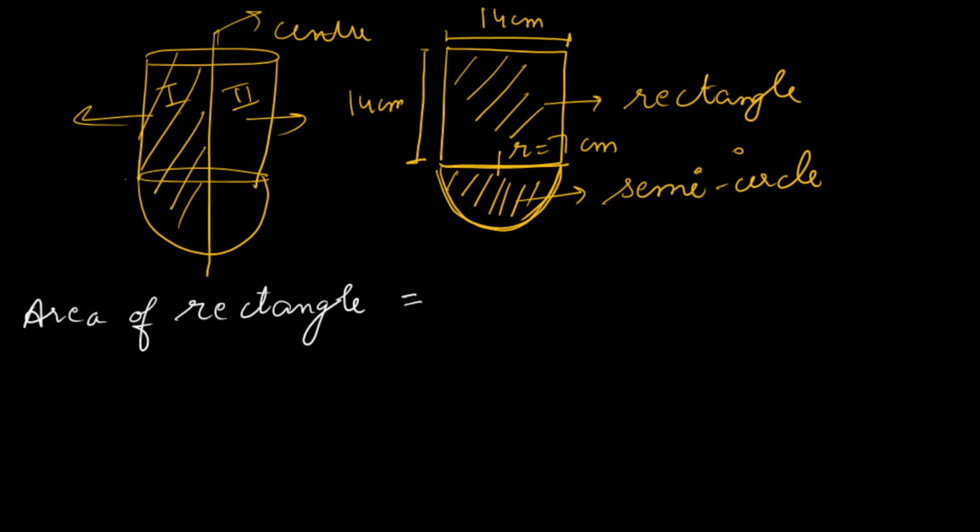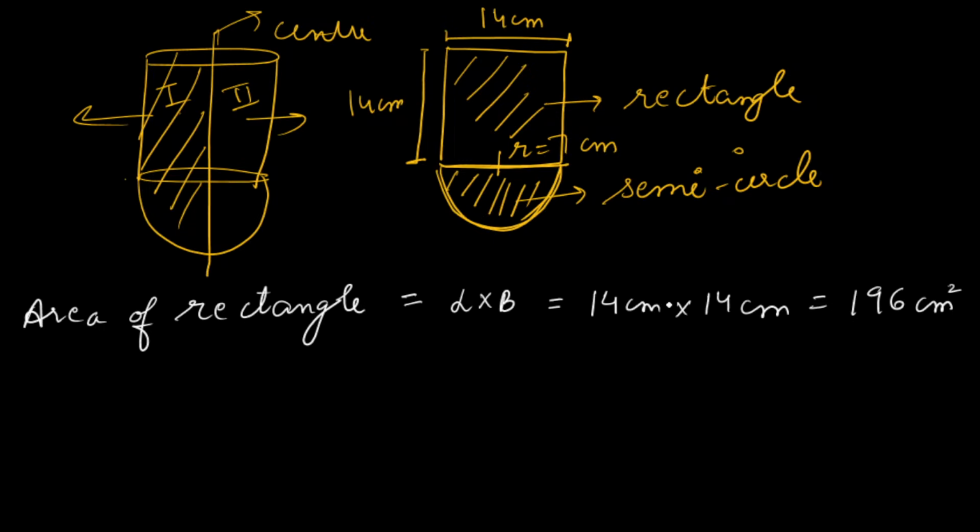Area of rectangle is length into breadth. Length is 14, breadth is also 14. So 14 into 14 is 196. Just keep on checking the calculations and do the question along with me. If anyone has any doubt here, you can tell me. I hope you have understood which surfaces are added.